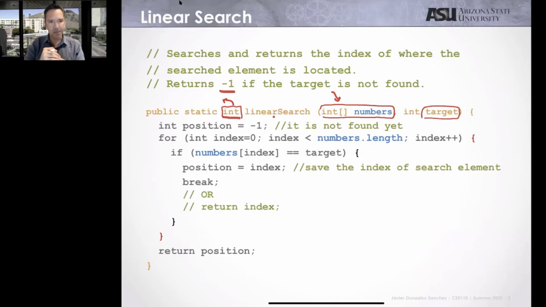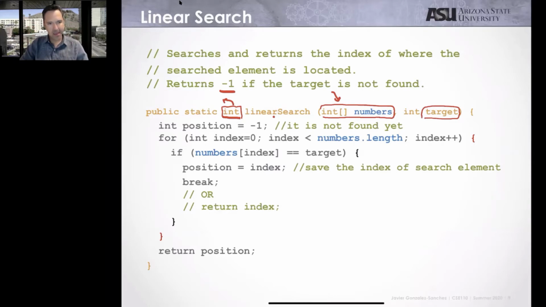This is the number that I am searching for. And you, method, do the work, search for this element, the target, in the array, and just tell me, return to me the position, 0 to whatever, or -1 if you didn't find the information.